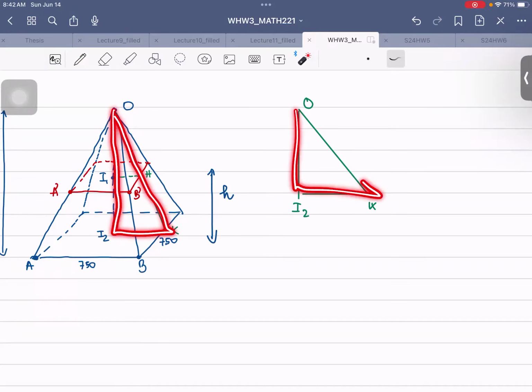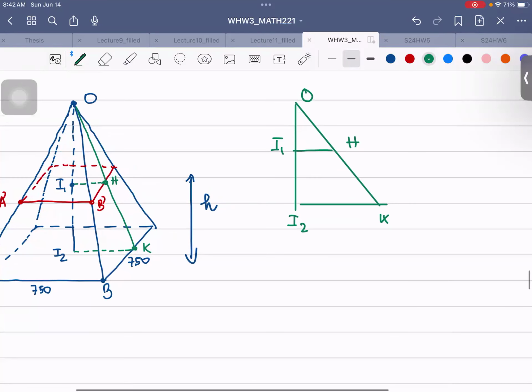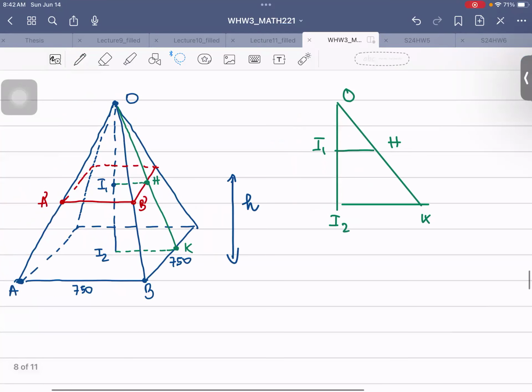And let me consider the side I1H. The thing is, I want to find the area for the red square, so I need to know I2H. If I know I2H, I'm gonna double it to get the side for the red square. I1 is the center of the red square.